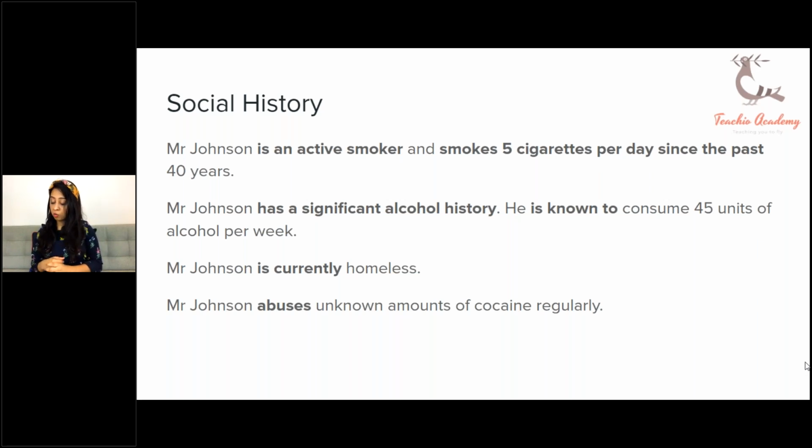Zenita has said for over 40 years. That's also completely fine. So you're going to write, Mr. Johnson is an active smoker and smokes 5 cigarettes per day over the past 40 years. When you're writing over, it might become a little difficult because then the correct English would be that he has been smoking 5 cigarettes per day over the past 40 years, because the thing that we're describing has been happening over that time period.